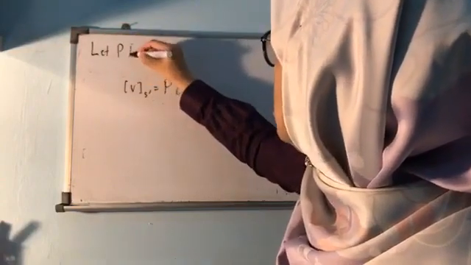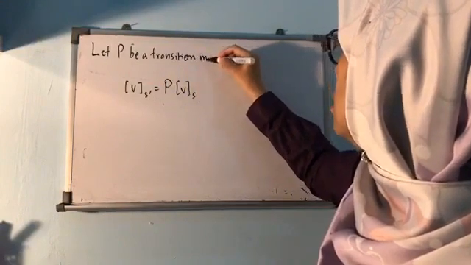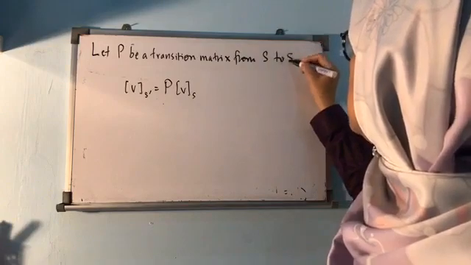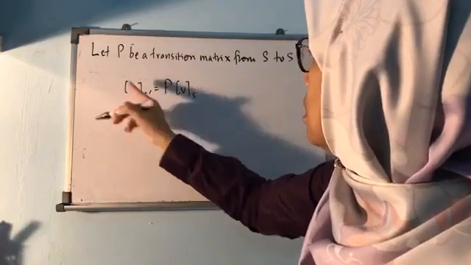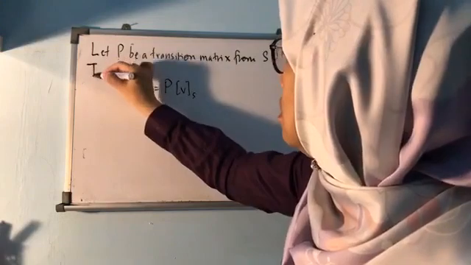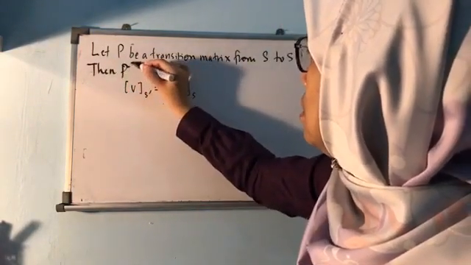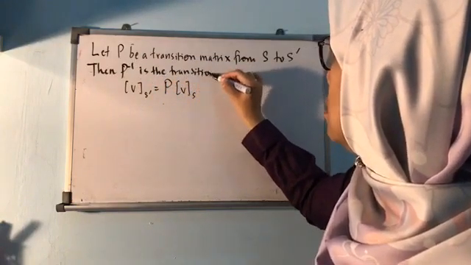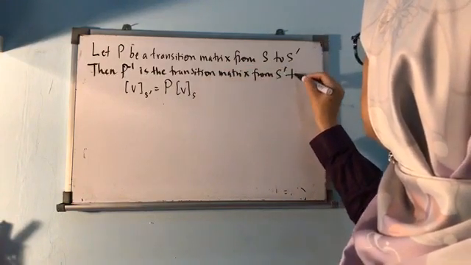Let P be a transition matrix from S to S prime. This is the formula, right? Then P inverse is the transition matrix from S prime to S.